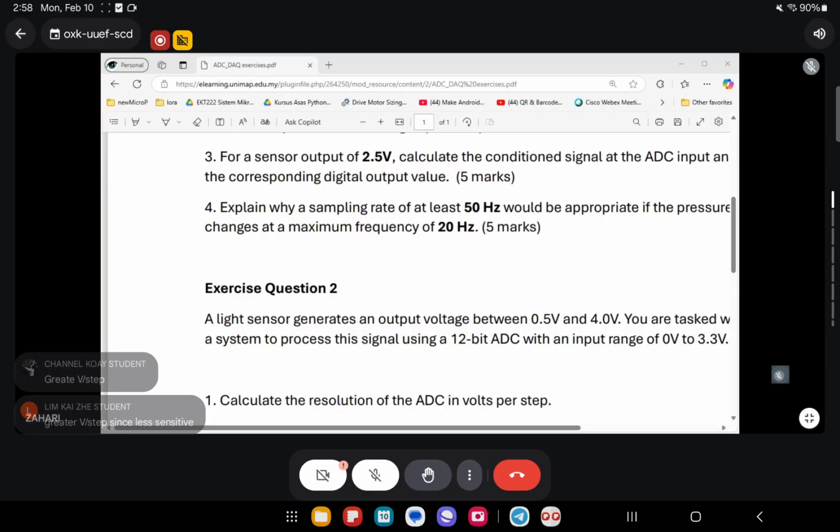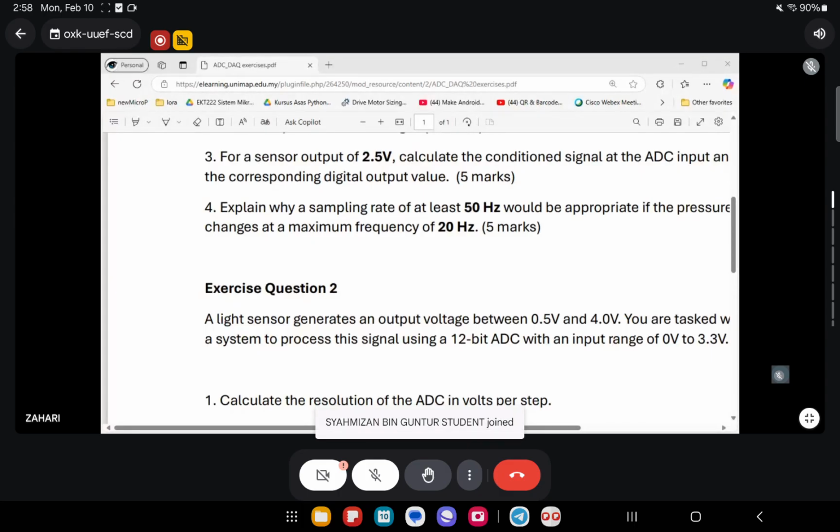Yeah, greater volt per step, right? Greater volt per step, so meaning that it's not precise, it's less accurate. So you have to get that kind of understanding so that you don't have to remember all of this formula. If you understand that, it's easy for you to calculate the resolution of the ADC, or the step resolution. No? Okay, good.